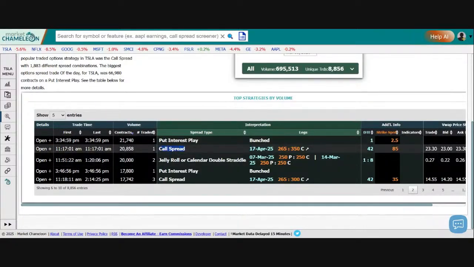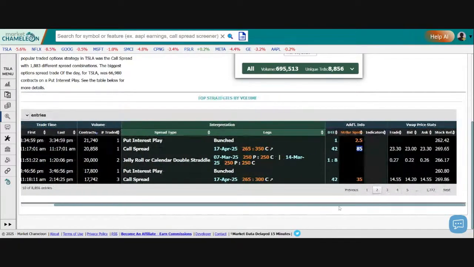Over here, this call spread involved the April 17th expiration, the 265, 350 call spread. And we see here that this has 42 days left to expiration. The difference in the strikes, the 265 and 350, is 85. So this is an $85 call spread.